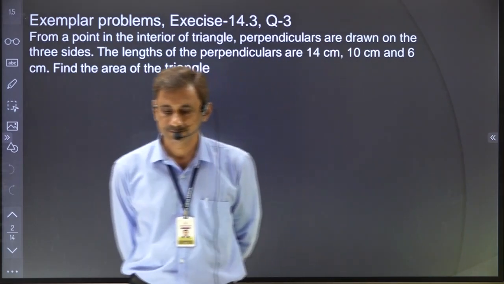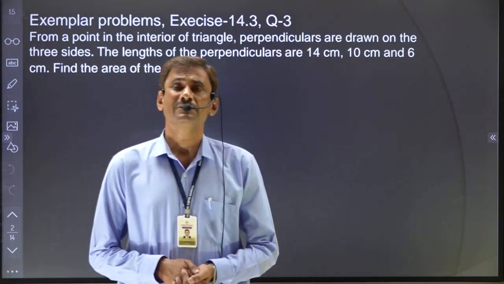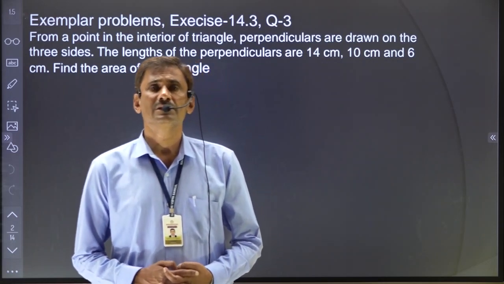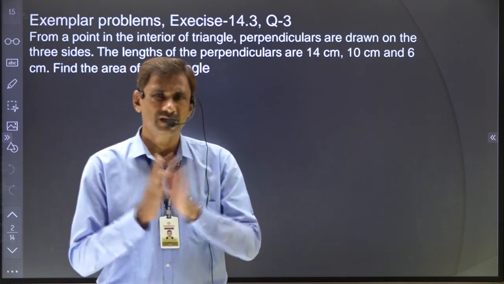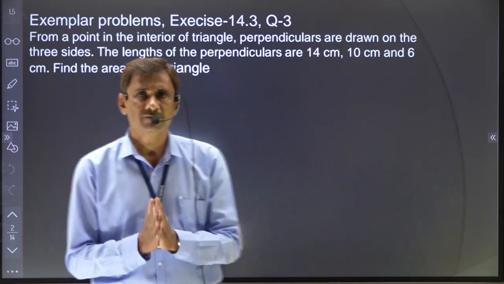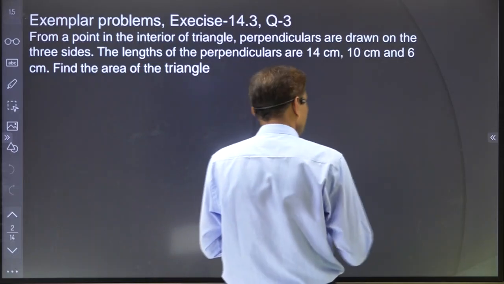Now let's first draw the figure, then only we can understand. They have given perpendiculars from a point in the interior, not necessarily the center, but from anywhere in the interior of the triangle. Altitudes are drawn.